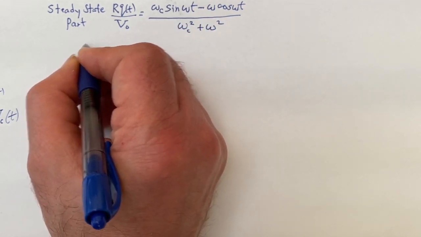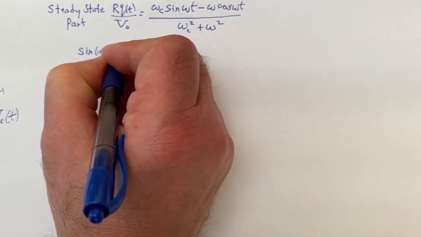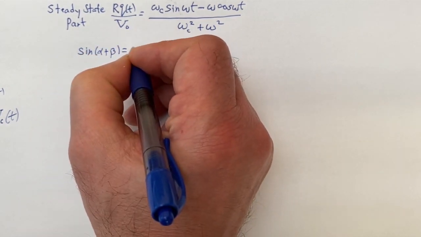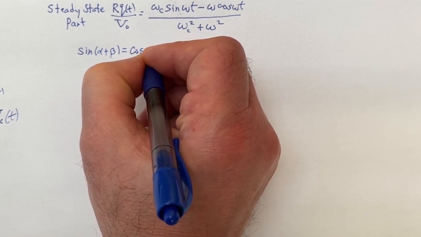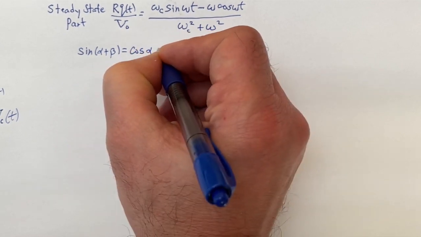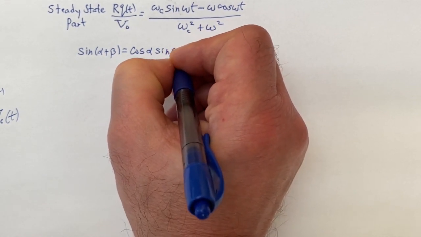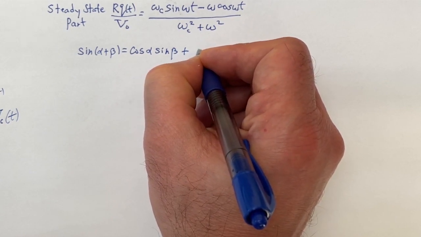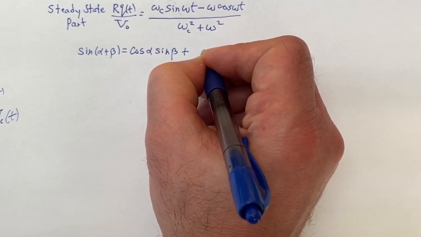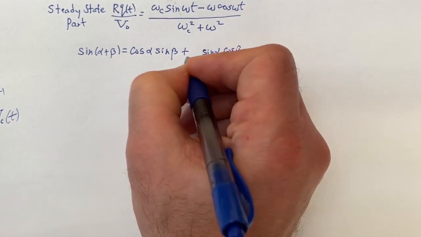For example, this reminds one of sine of alpha plus beta equals cosine of alpha and sine beta, plus sine alpha cosine beta.